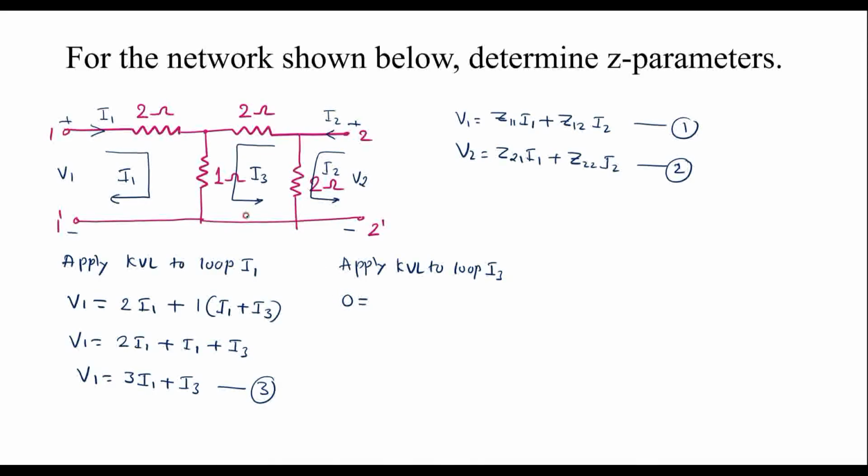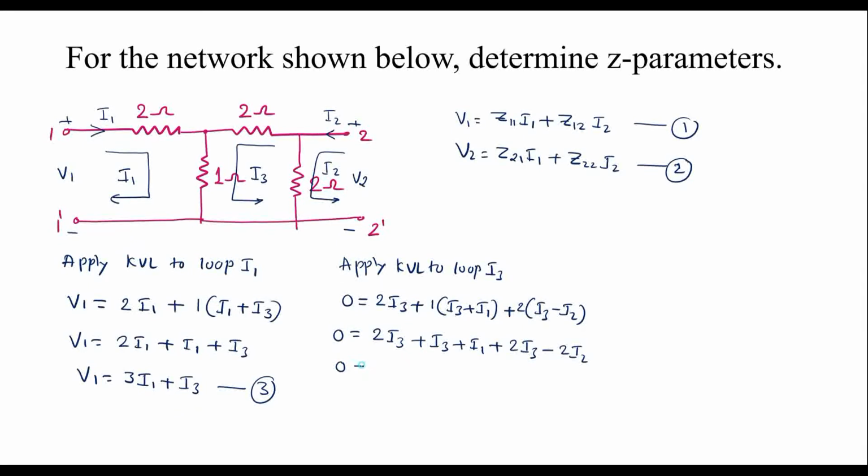So it is 0 is equal to the voltage drop across the 2 ohm resistor, 2I3, the voltage drop across the 1 ohm resistor, 1 into (I3 plus I1), and the voltage drop across the 2 ohm resistor, 2 in bracket (I3 minus I2), as I3 and I2 are opposite to each other. Simplifying this, 0 is equal to 2I3 plus I3 plus I1 plus 2I3 minus 2I2.